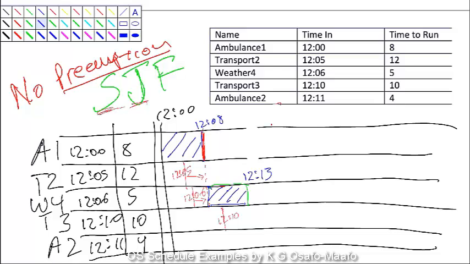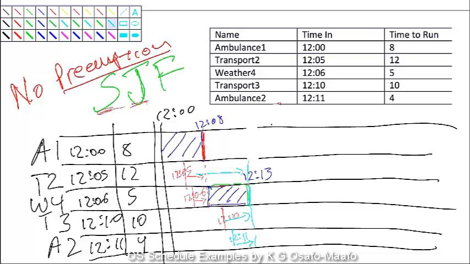Right. That's for 5. And when it finishes running, at the point when it finishes, there are now questions to ask. Who are the others who are ready to run at 12:13? Remember, A2 comes in at 12:11. Right. So at 12:13, T2 was waiting, T3 came to wait, and A2 came to wait as well.